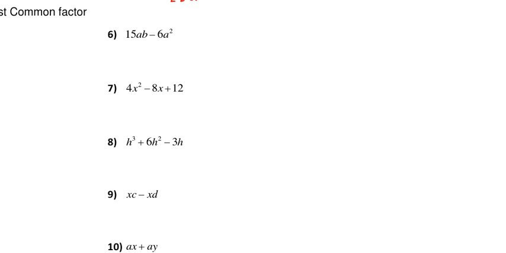For example, if I have 3 times x plus 5, we have really here a multiplication between these two quantities. These are two factors, 3 and x plus 5.